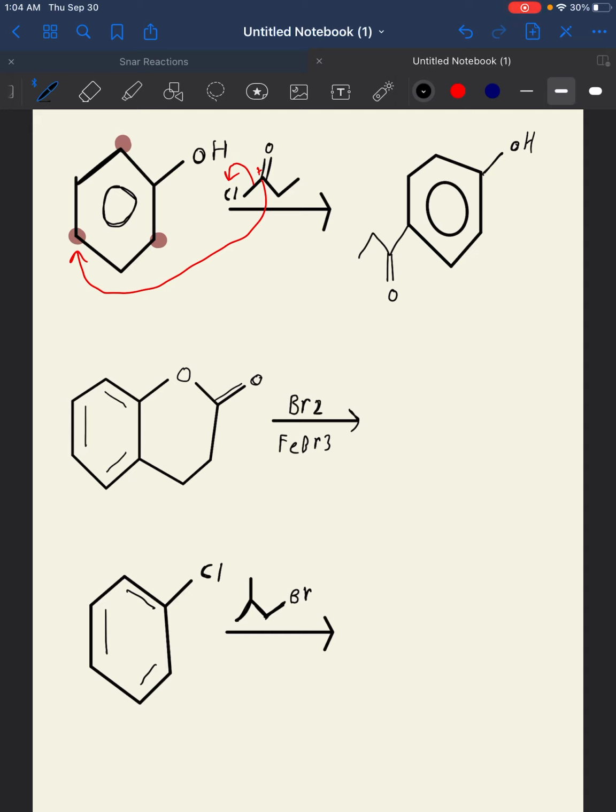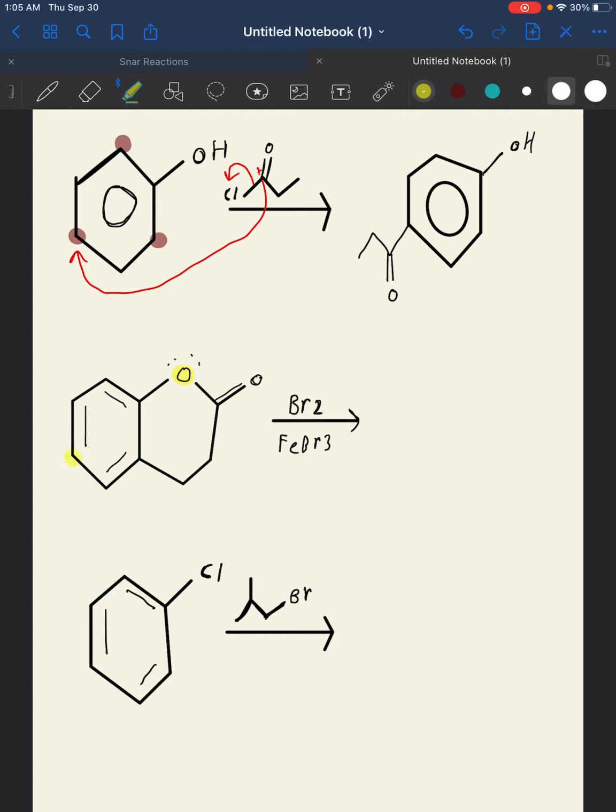So for the next example, what is going on here? This looks like a double benzene ring. Well, it's aromatic, so it will perform an EAS reaction. However, we have an electron withdrawing group over here. What's up with that? Well, my friend, don't even worry about it because it's not going to be able to donate into the ring or withdraw from the ring. You just completely ignore it. The thing we want to worry about is this oxygen right here, because you have to remember there's 2 electron pairs on this oxygen, and those can actually donate into the ring, meaning that it's going to favor either ortho or para, and due to sterics, it's going to attack para.